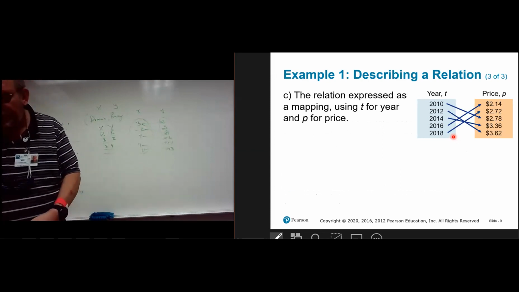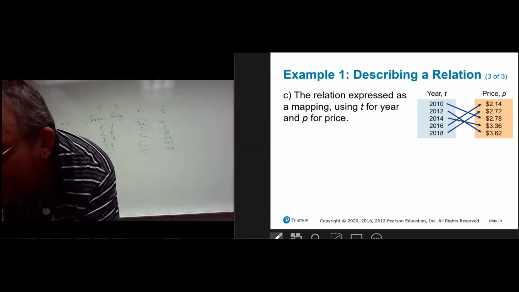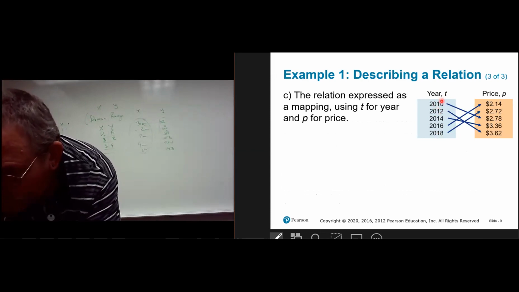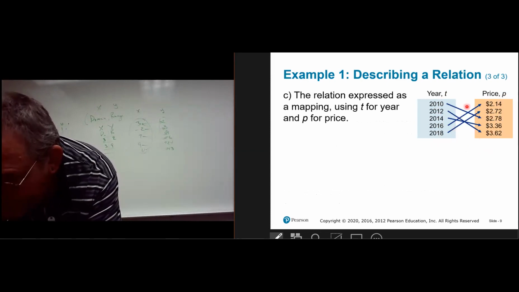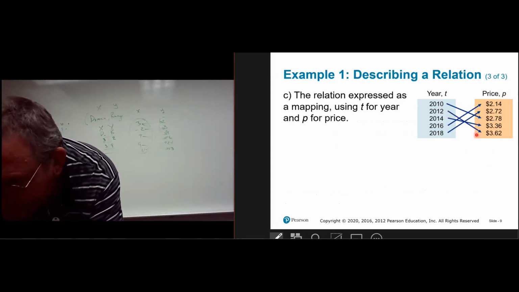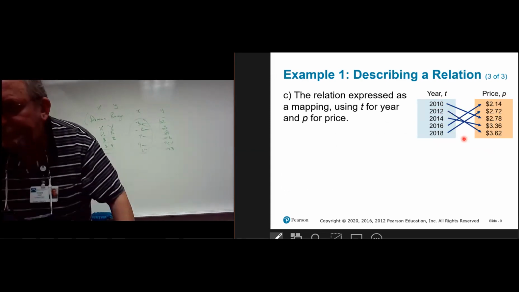Notice they listed these things in order, least to greatest, and then showed the arrows showing us that 2010 went to 278, 2012 went to 362, and on like that, all the way down.